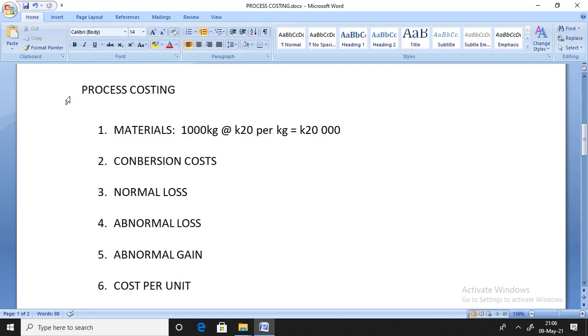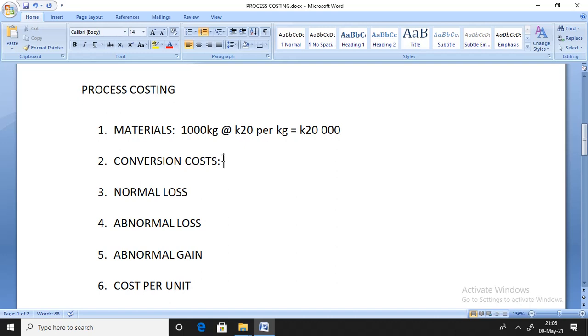Now, number 2, you need to understand the conversion costs. What are conversion costs? These are costs incurred in the process of converting raw materials to finished goods. So what costs are you incurring in the process of converting raw materials into finished goods?